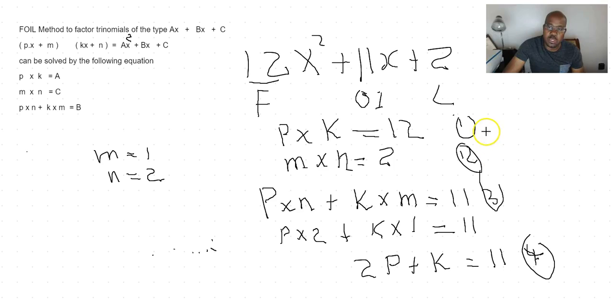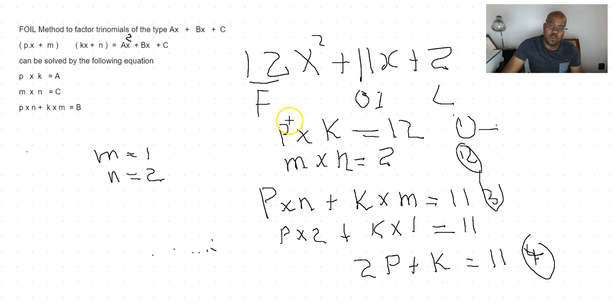I can consider the first equation, p times k gives me 12, and 2p plus k should give 11. So I can still guess here. We know these should be whole numbers. 6 times 2 gives you 12. Is there any way to have 6 and 2 to get 11? 2 times 2 gives me 4, plus 6 is 10. 2 times 6 gives me 12, plus 2, 14.